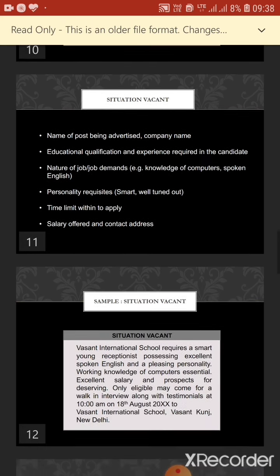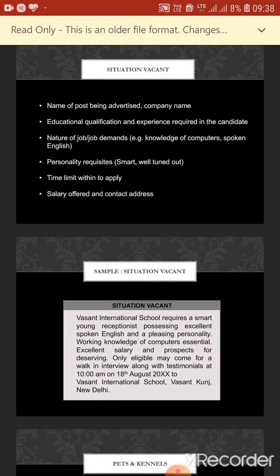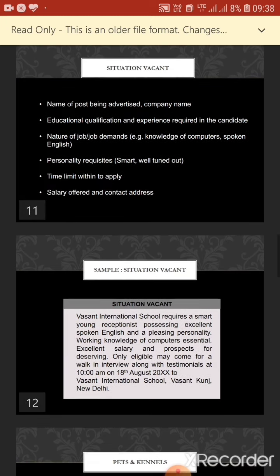Now, situation vacant. This is very common, frequently asked in examinations and very important for students. Generally, these advertisements are written when we want to employ someone in our company, organization or institution.